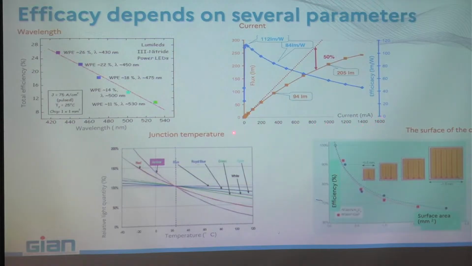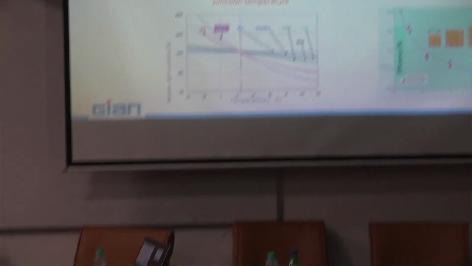When you increase the current, you increase the number of lumens, but you decrease rapidly the number of lumens per watt. If someone tells you my LEDs are 120 lumens per watt at 400 milliamps, and you boost the LED to 1 amp, you will not really damage the LED.